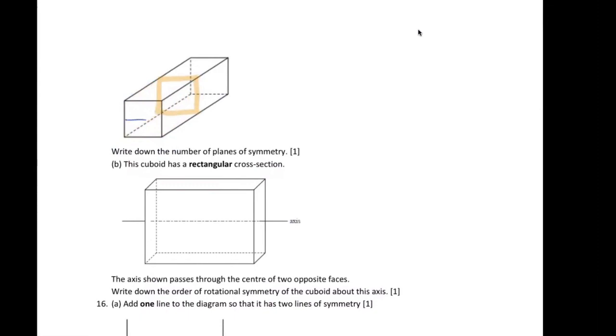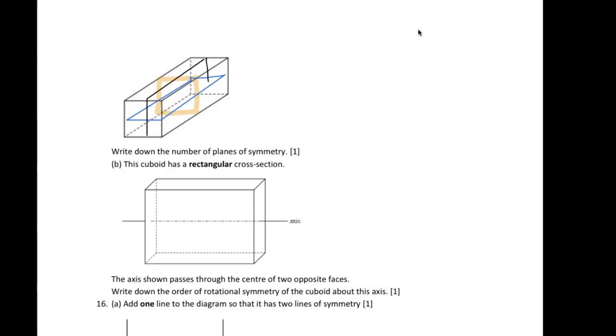One is going to be the horizontal plane. One vertical, one horizontal. One plane is going to be like this. These are the normal 3 planes.